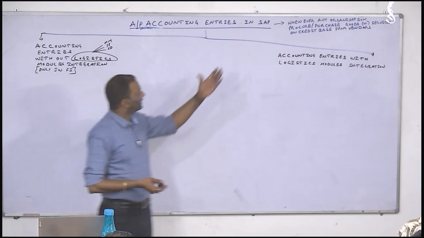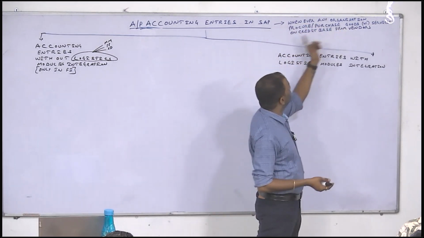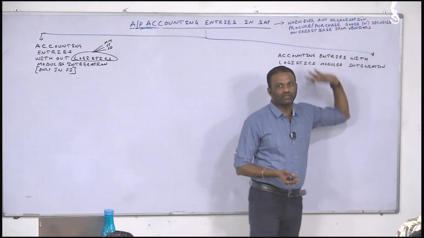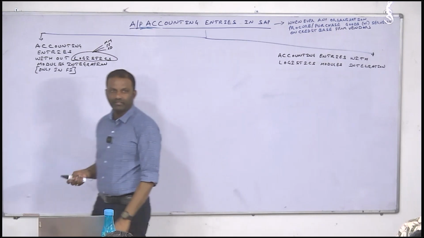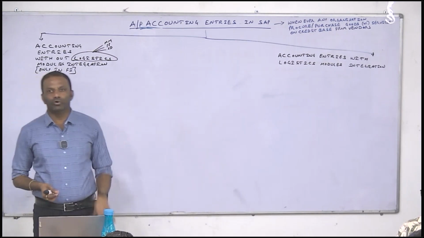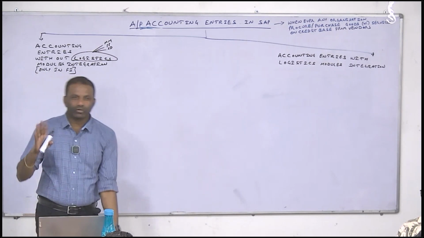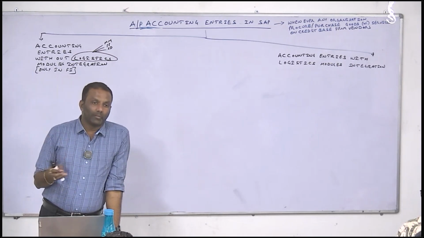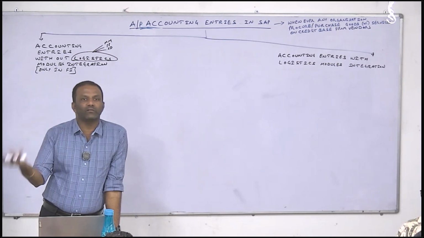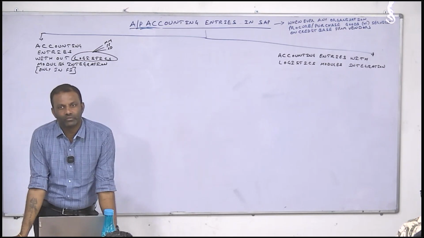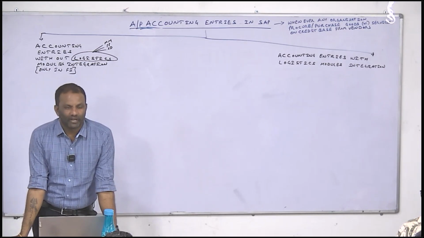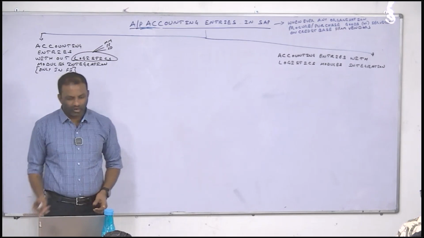Whenever any organization purchases goods or services from a vendor, right? But besides goods, what are the different transactions we do with vendors? For example, I want to start one business.